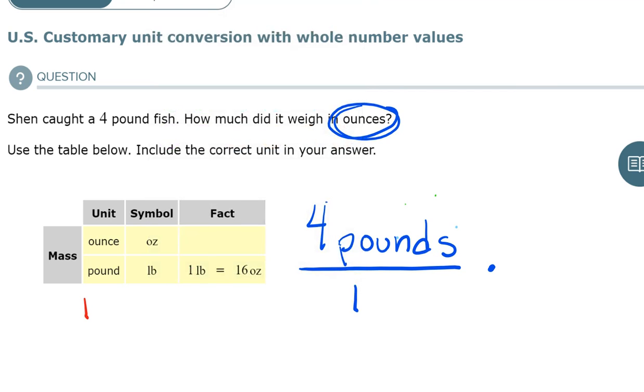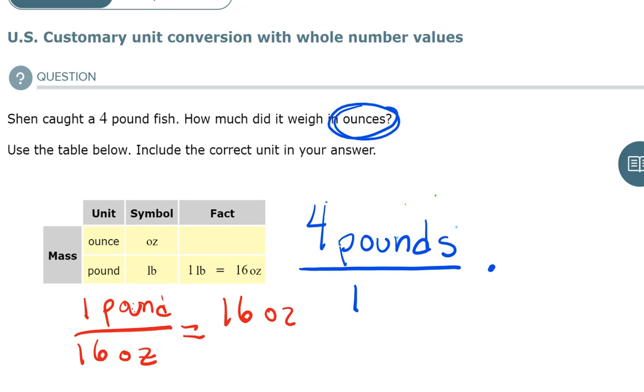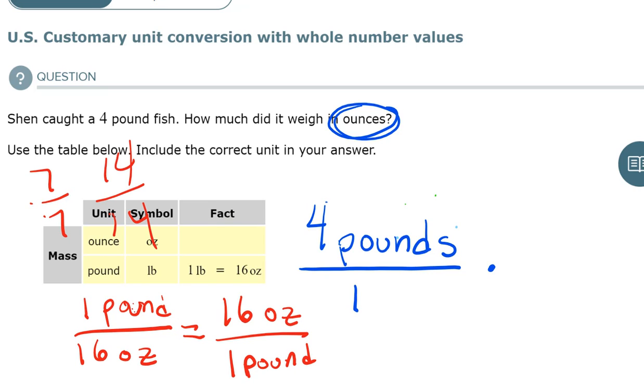So I have two pieces of information. I know that 1 pound and I know that 16 ounces are the same thing. 1 pound and 16 ounces are the exact same thing. So 1 pound over 16 ounces or 16 ounces over 1 pound are the exact same thing. Just like how 7/7 or 14/14, those are all 1.